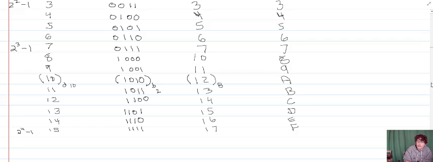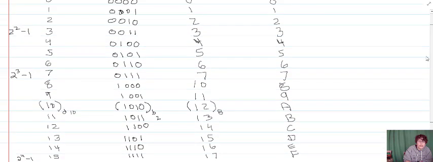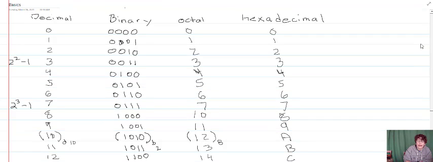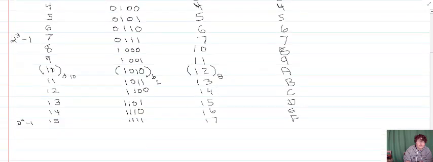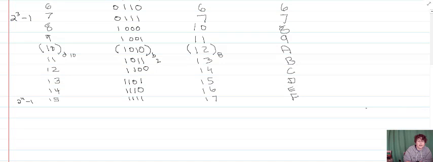Now, you can always look these up, but you're going to want to be able to do it more quickly than that. This makes converting from binary to hexadecimal and hexadecimal to binary very easy.